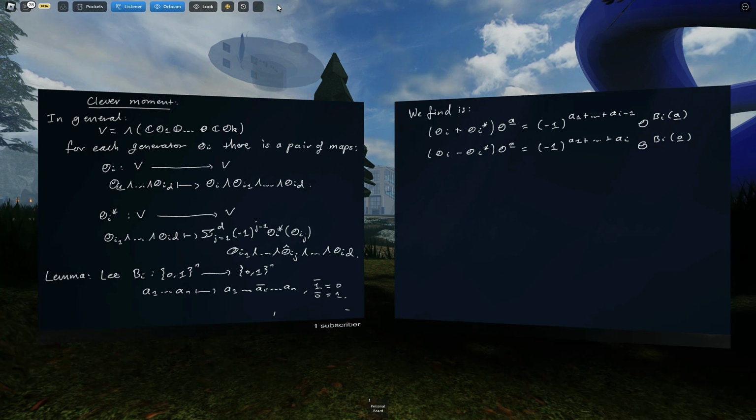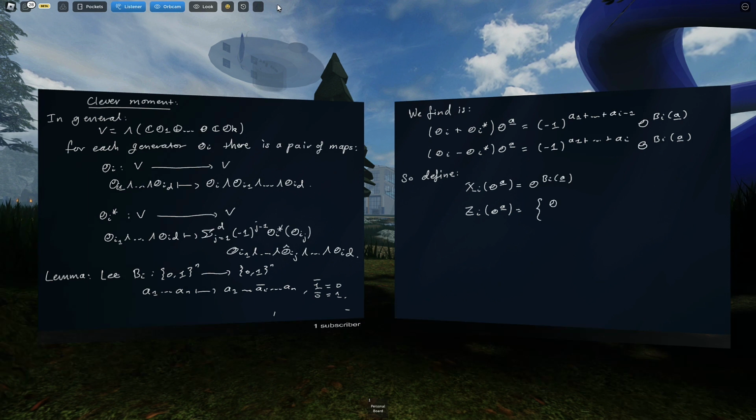Good. Okay, so now it's meaningful to define Xi of theta a to be equal to theta to the power of a-bar-i, and then Zi of theta a is going to be equal to theta a if ai is equal to 0, and then it's negative theta a if ai is equal to 1.